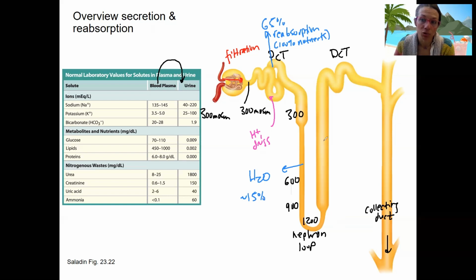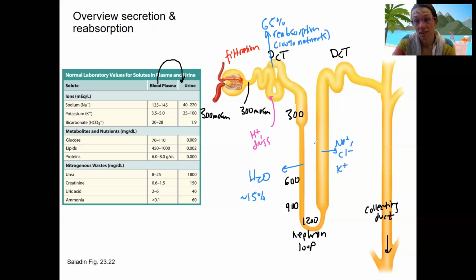As we ascend up the ascending nephron loop, we are going to have reabsorption of electrolytes. So this is where sodium, chloride, and potassium are going to be reabsorbed.